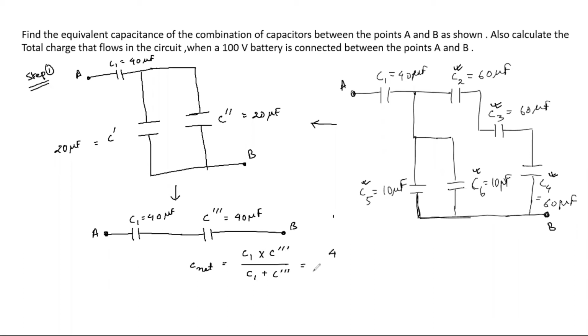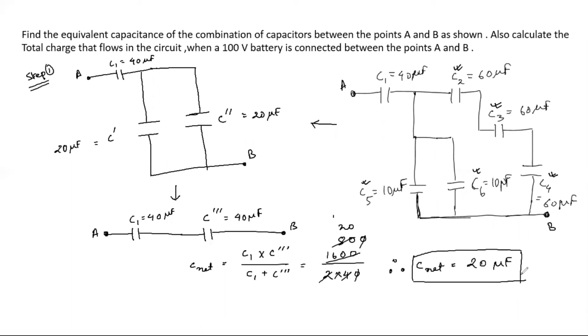So when you multiply these two, it is 1600 microfarad, and when you add these two, it is 80 microfarad. So therefore, our C net is 20 microfarad. This is our equivalent capacitance.